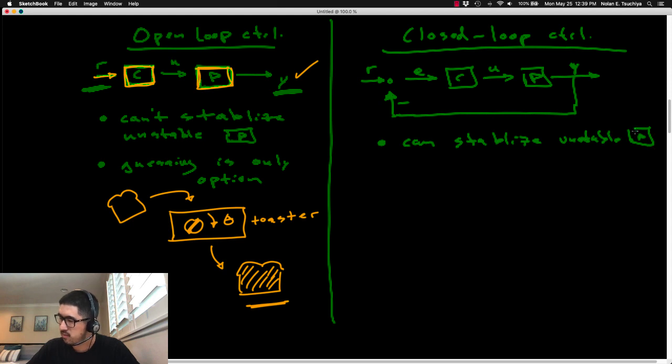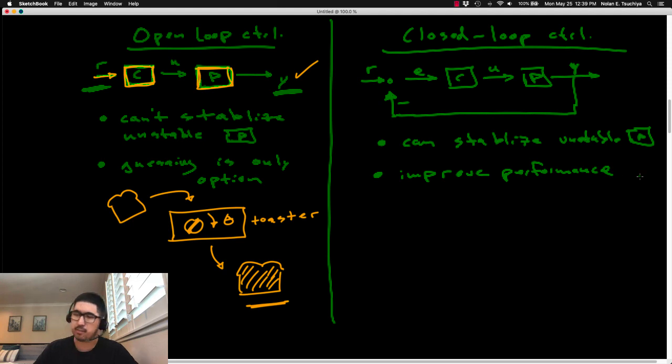What we've already learned is that closed loop control can stabilize unstable plants. That's pretty huge. There are a lot of unstable systems that require closed loop feedback in order to stabilize. But more than just stabilizing unstable plants, it can actually improve the performance of already stable systems. You can get more precise control.